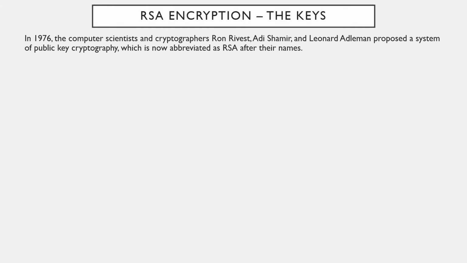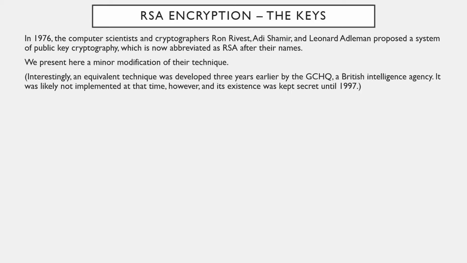In 1976, three people, Ron Rivest, Adi Shamir, and Leonard Adleman, proposed a system which is now abbreviated as RSA after their names. Here, what we're presenting is slightly modified from theirs, but the fundamentals are the same. In fact, a few years earlier, an equivalent technique to this was developed by GCHQ, a British intelligence agency.